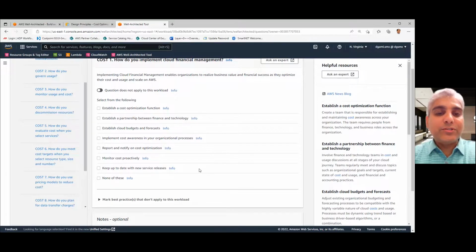Staying up to date with new service releases is another important part of cost optimization. What we've seen as a trend with AWS specifically is that as they release new services and new features, they tend to encourage users or teams to start using the new features by providing them at a lower cost. If you've got an older generation of an EC2 instance, you'll typically find that the same equivalent set of resources in a newer generation is at a lower per hour cost.